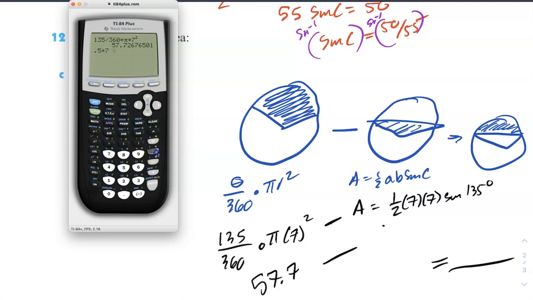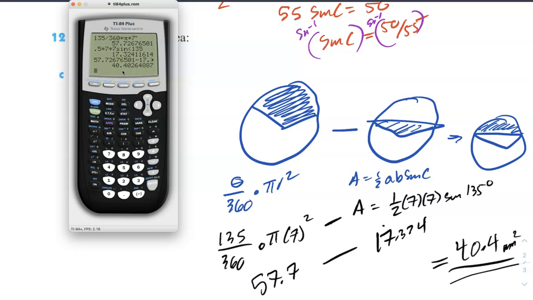Times 7 times 7 times sine of 135. You get 17.324. Then we subtract those two values. So I'm going to select this one minus the other one. And then here's where we should simplify to 40.4 millimeters squared. And that's the video.